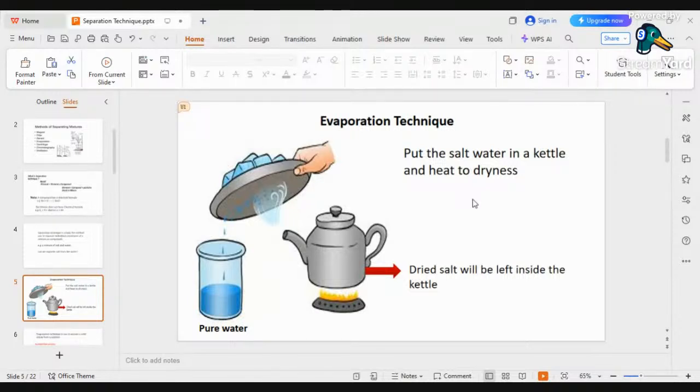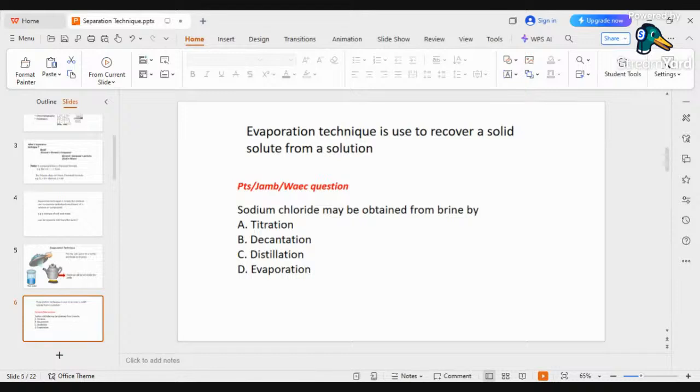Is known as evaporation techniques. Now, moving forward, here's a quick question for you guys.